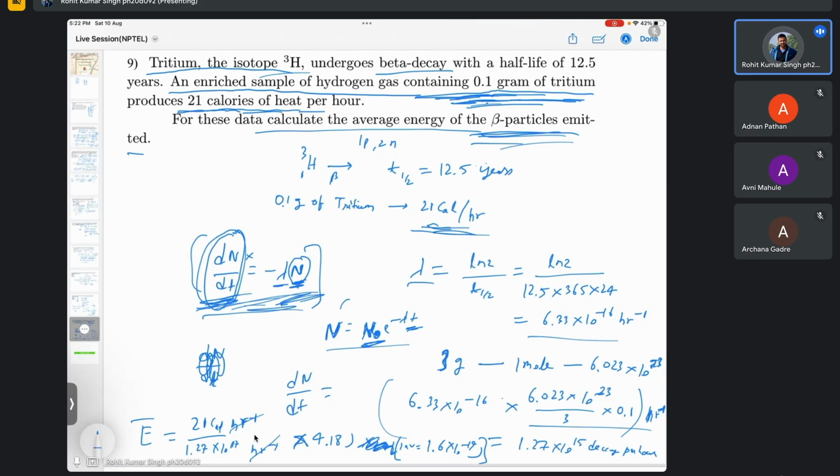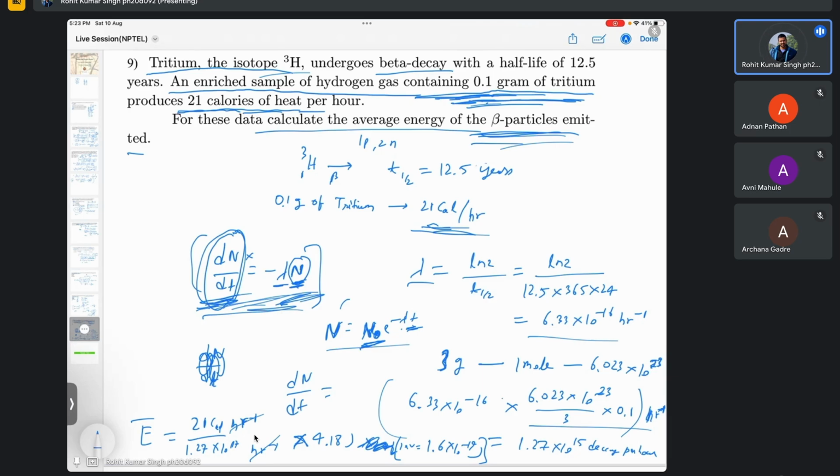If you want to calculate the number of tritium at a later time t, then you can use this number as N naught, and then you have to know the lambda and the time that you want to calculate. Then you can put it in and calculate N again.